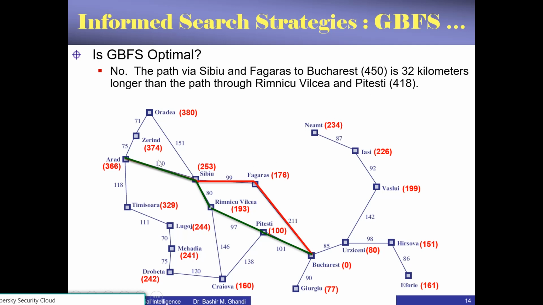If you add 140 plus 99 plus 211, you get 450. But if you add 140 plus 80 plus 97 plus 101, you get only 418. So clearly 418 is smaller than 450, in fact smaller by 32 kilometers.